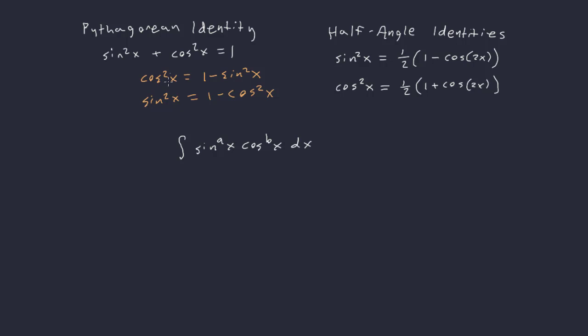Here, for the Pythagorean identity, what we're doing is rewriting one squared trig function in terms of the other squared trig function, whereas here we're actually getting rid of this square. Sometimes we'll need to do that in integration, getting rid of the square.